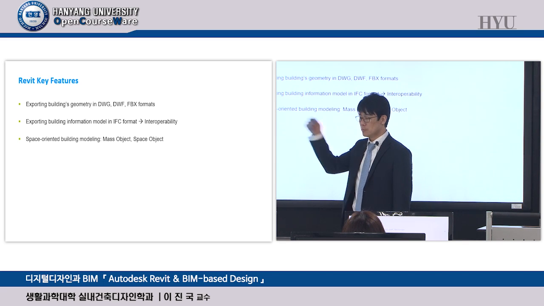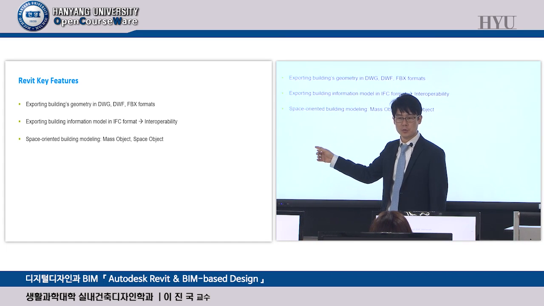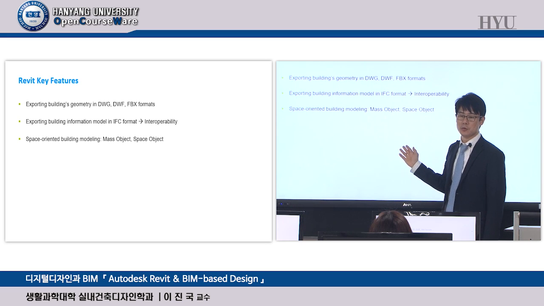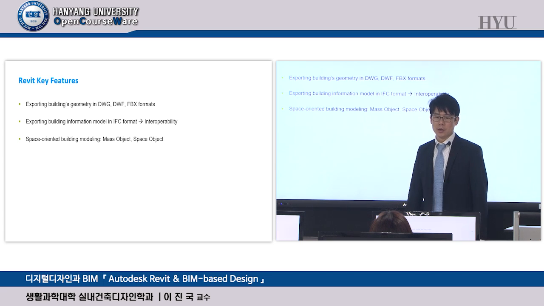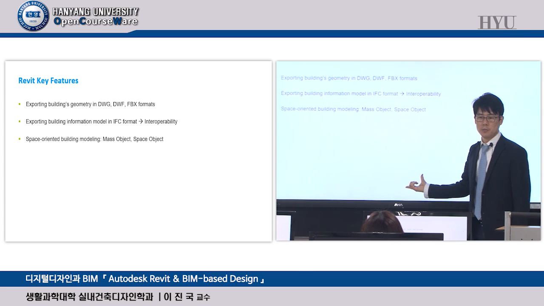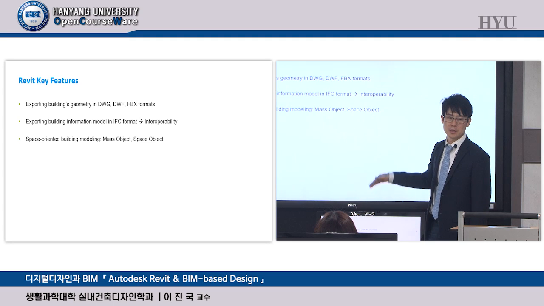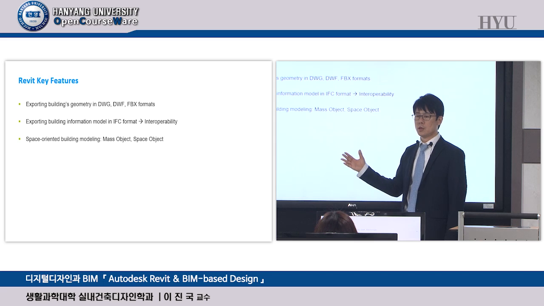But in Revit, there are space objects such as rooms, floors, zone, and so on, area. Also mass object, okay? Even if just a simple box shape, that is a mass object, okay? You can divide mass for levels, and you can edit that mass to a specific building design, okay?